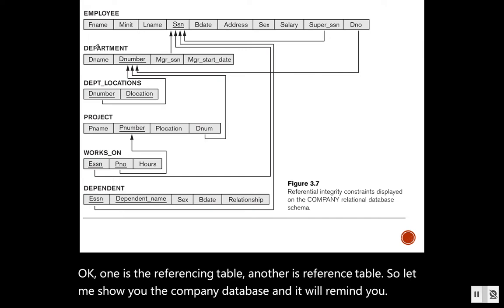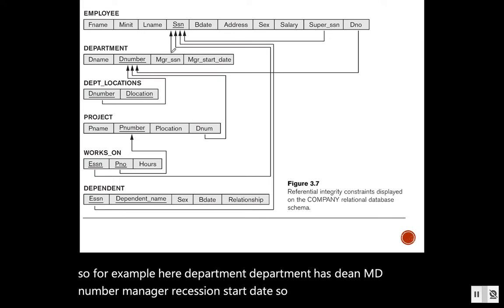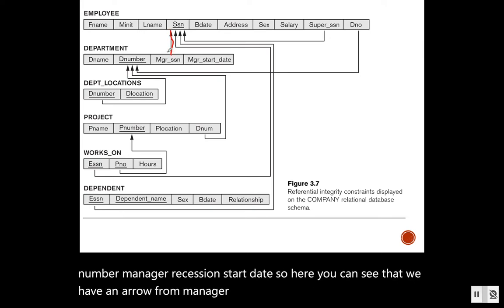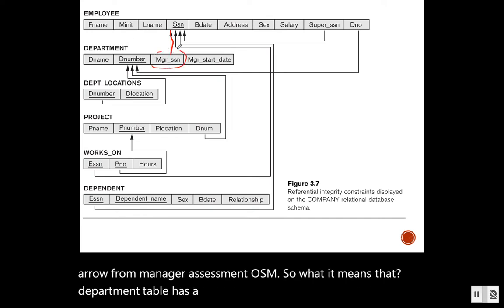For example, here department has D name, D number, manager SSN, start date. You can see that we have an arrow from manager SSN to SSN, okay. So what it means is that the department table has a manager SSN, which is the foreign key.